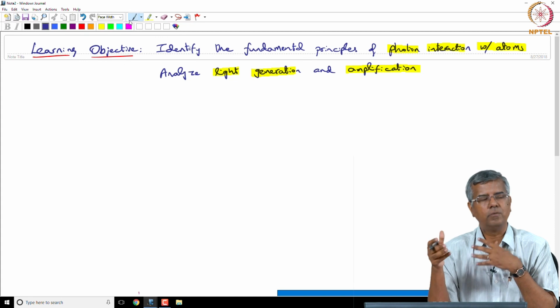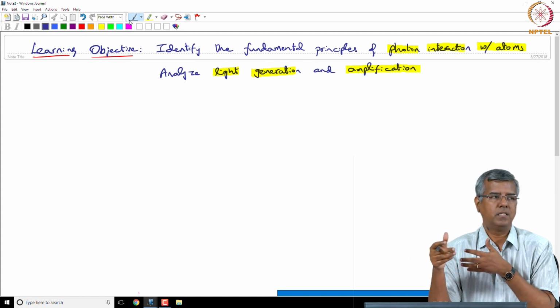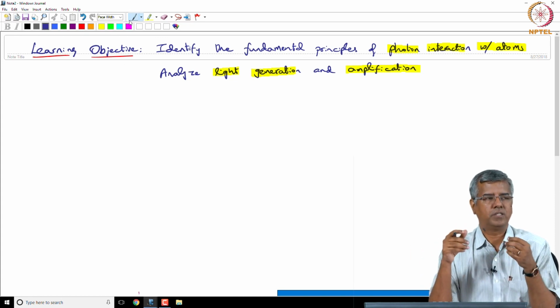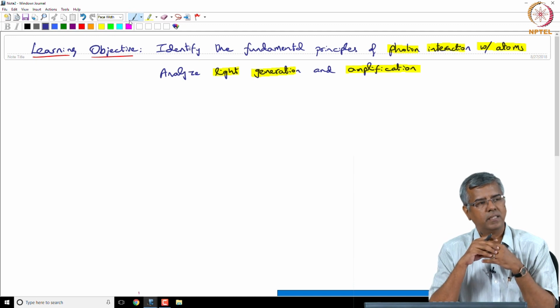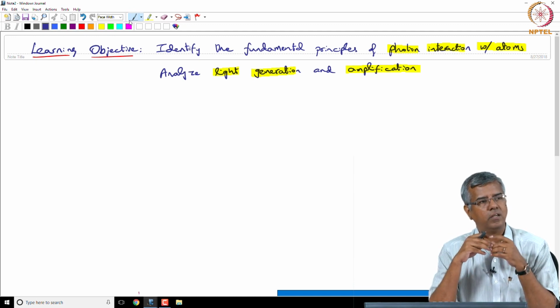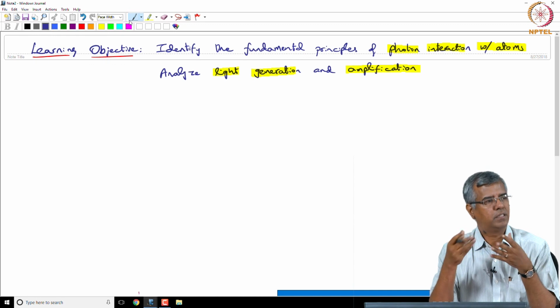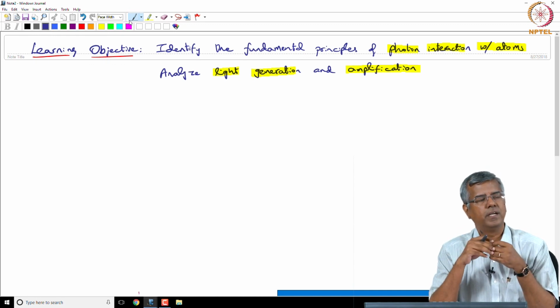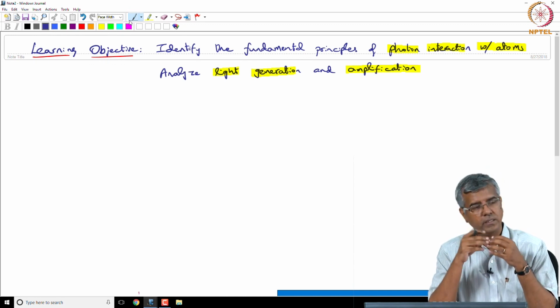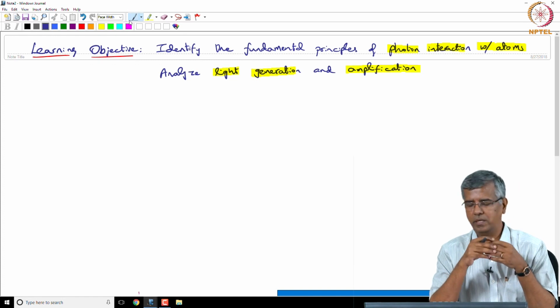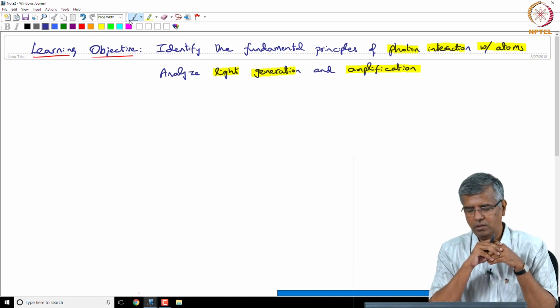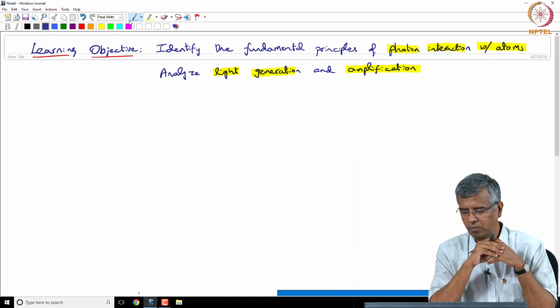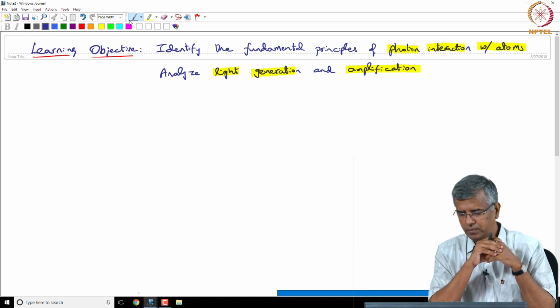And in certain ways, once we understand this, then we will be in a better position to understand why certain sources are not so temporally coherent, why other sources are temporally coherent, why certain sources are spatially coherent or not. All those things we'll be able to explain once we understand this.